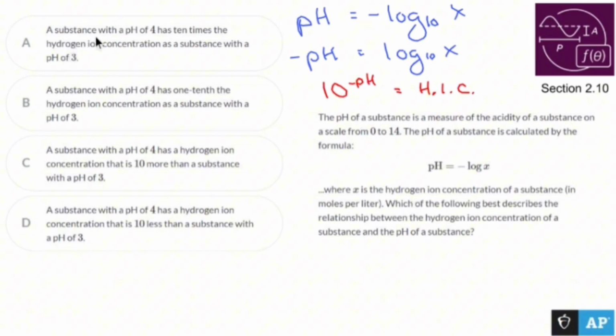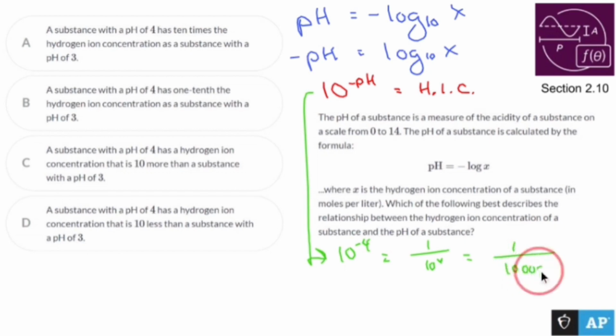A substance with a pH of 4 has 10 times the hydrogen ion concentration. All right, so if the pH is 4, that's 10 to the negative 4th. 10 to the negative 4th is the same as 1 over 10 to the 4th, which is 1 over 10,000.